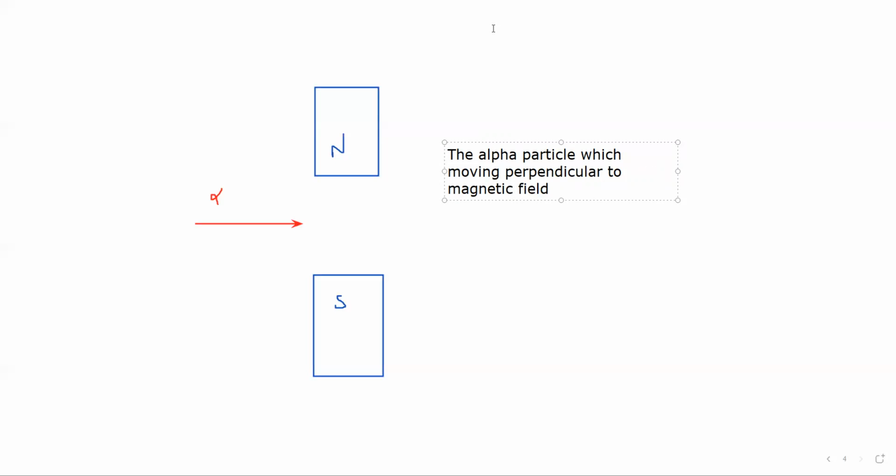You can see the magnetic field is pointing from north to south, and the alpha particle is moving at an angle of 90 degrees. So the alpha particle, which is moving perpendicular to the magnetic field, experiences a force into the paper and moves in a curved path.